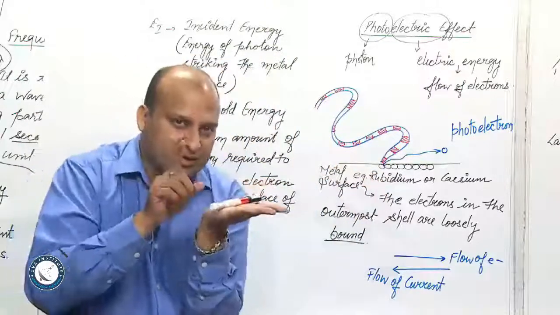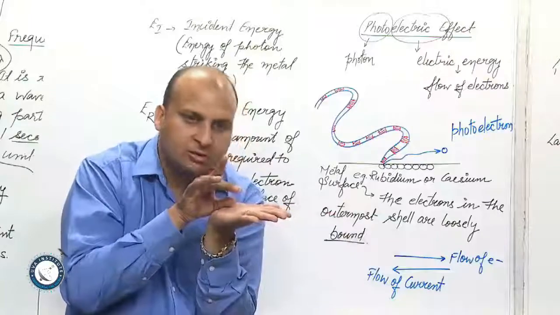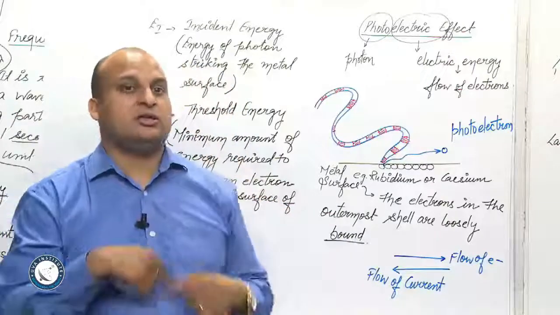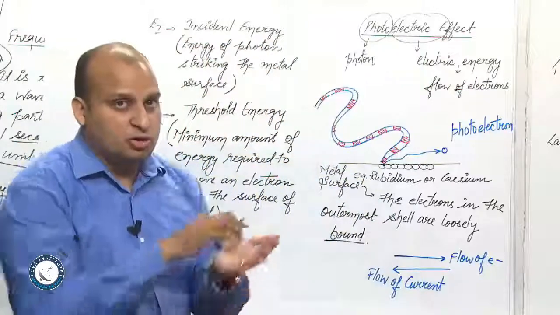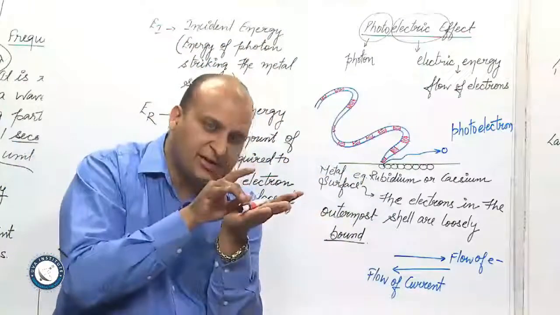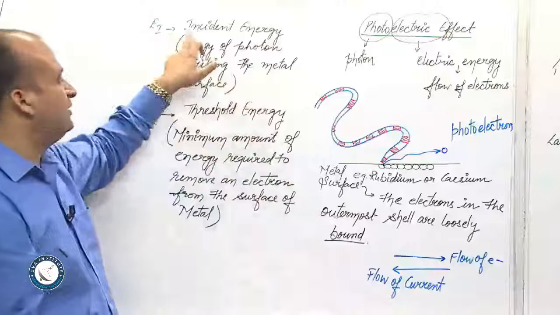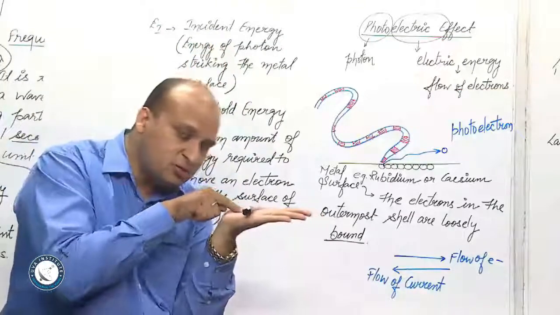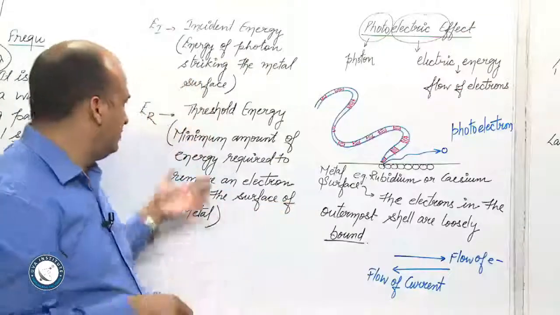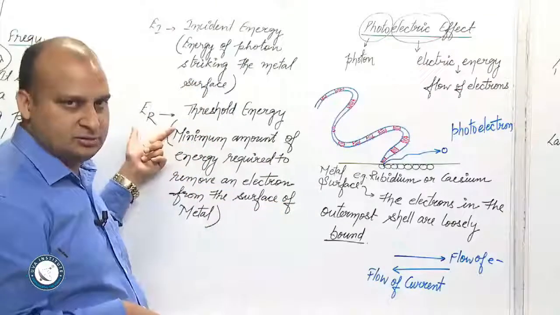I need a minimum energy. Then only the electron will be ejected out. So the energy with which I am hitting is the incident energy, and the minimum energy required to move it away from the surface is the threshold energy.